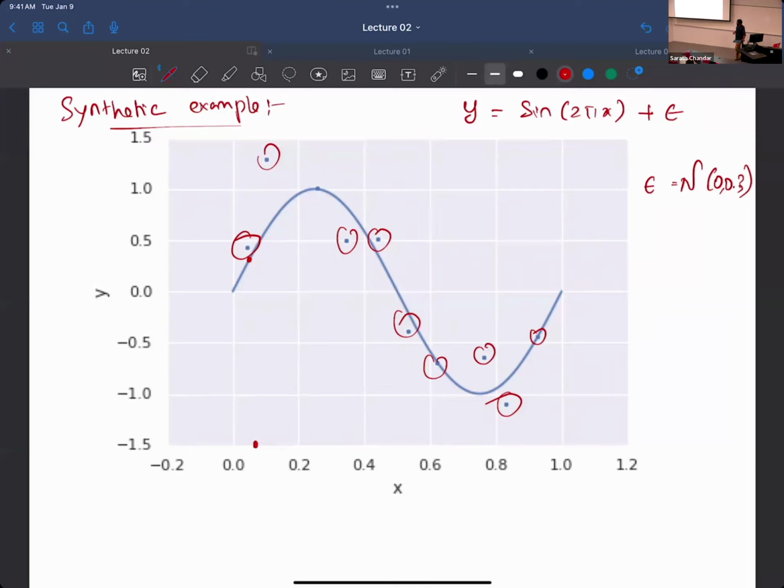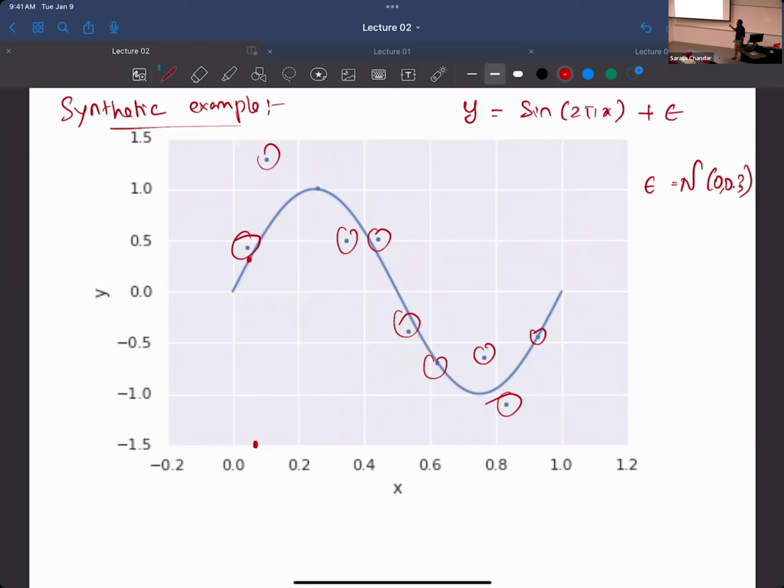With this synthetic example, we have the advantage that we know the true function. With a lot of practical applications, we don't know the true function. Let's go back to the housing price model. We don't know what the true function is going to be like, right? Nature has a process which gives the output, and we don't have access to this process.